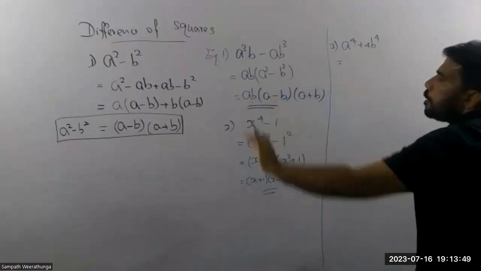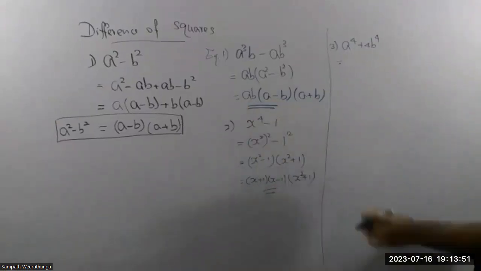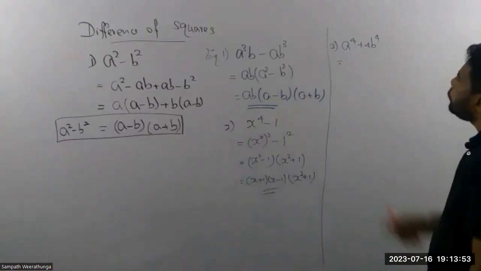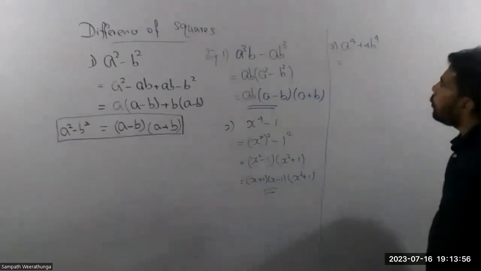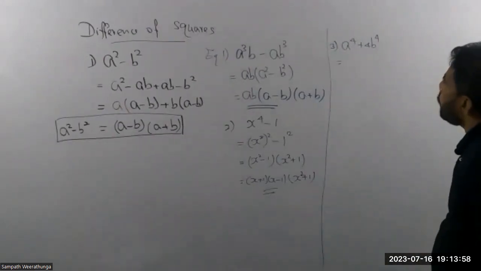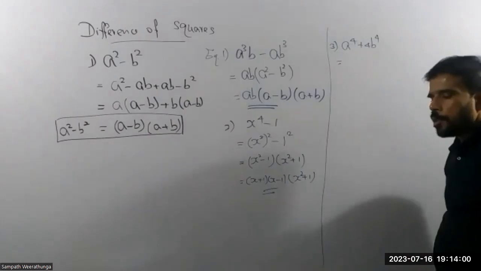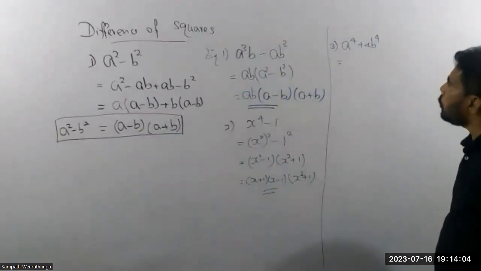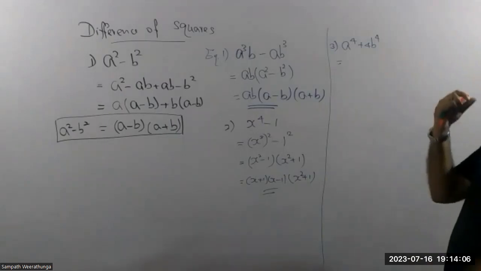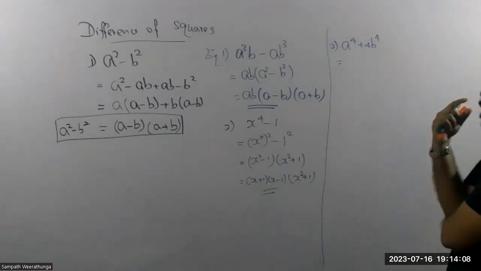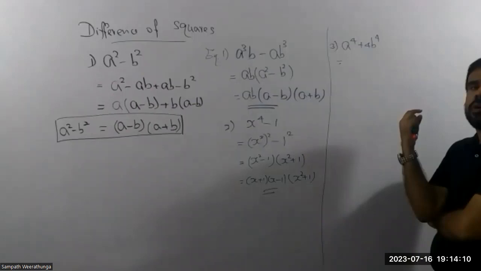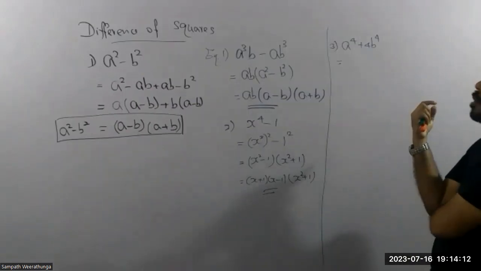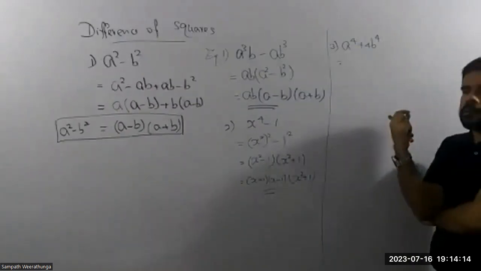So far we learned about difference of squares, then some factorization, but with those theories, still I am not able to see any direct method to apply here. So what I'm thinking is, okay, what if I convert this to a difference of squares?